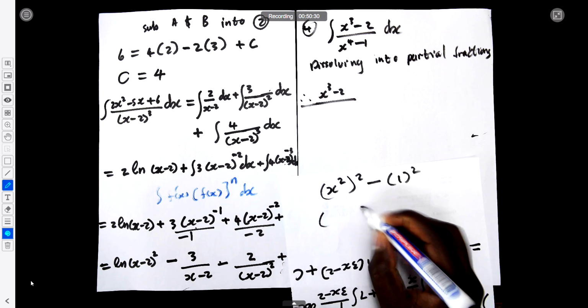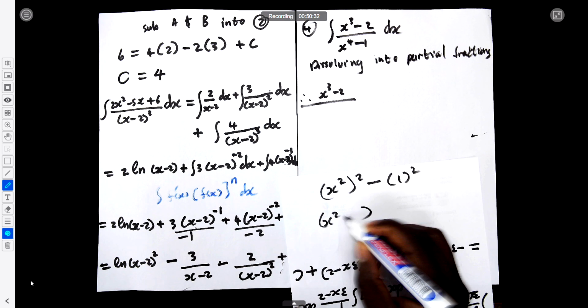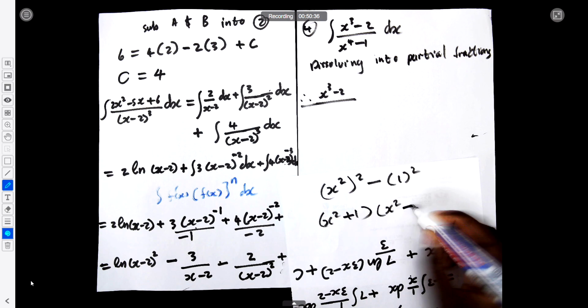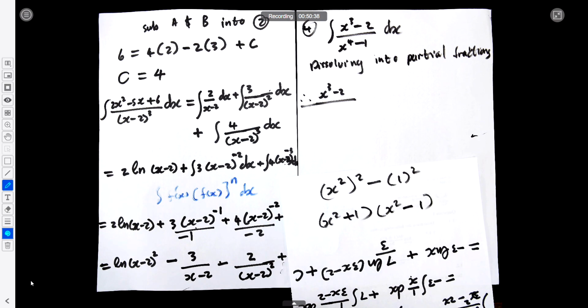So when you factorize, you're going to have x squared plus 1 and x squared minus 1, isn't it? But again, after factorizing, we still have a difference of 2 squares, x squared minus 1.